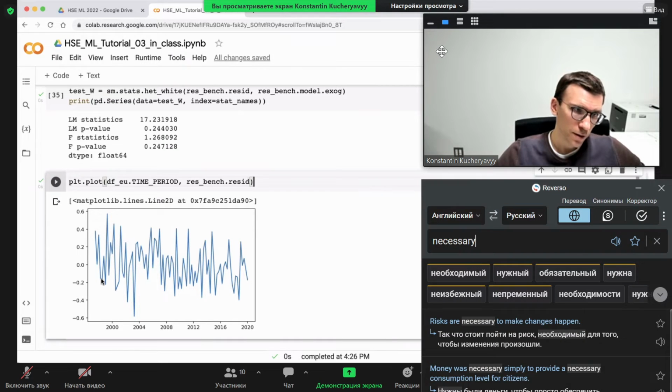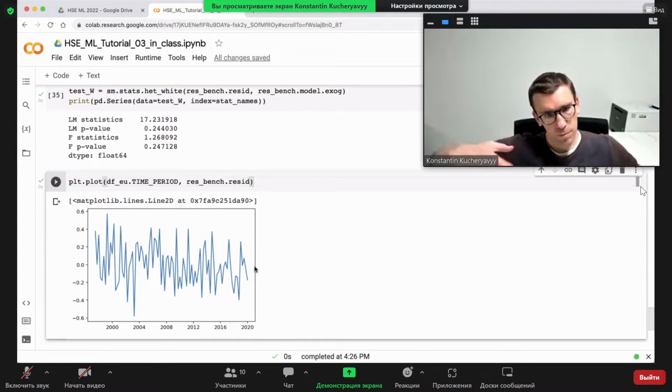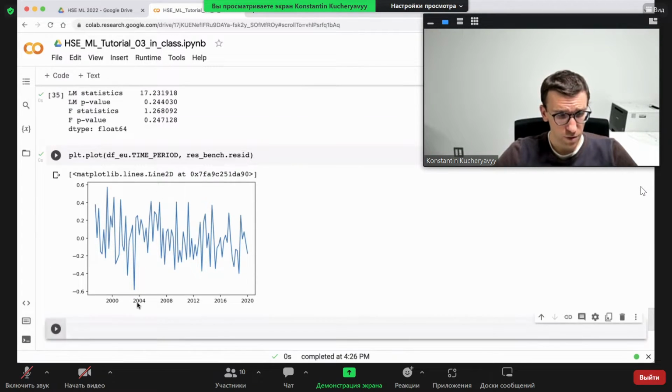While here we see that there is no particular structure. The residuals are very wild, fluctuating. So just eyeballing it tells us that they don't seem to have this time structure, but we can have a formal test for this.